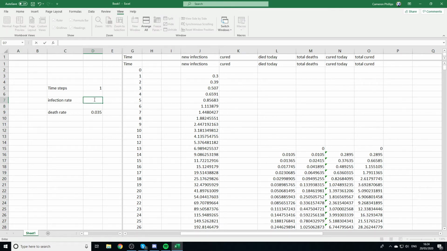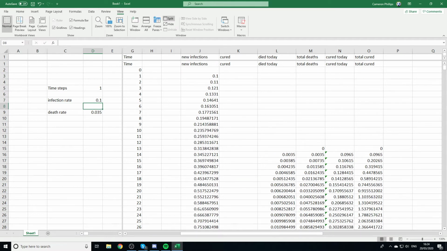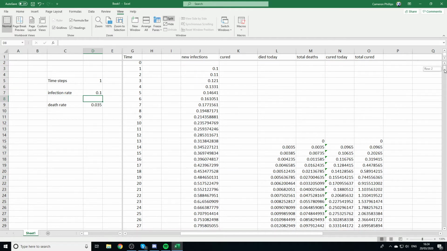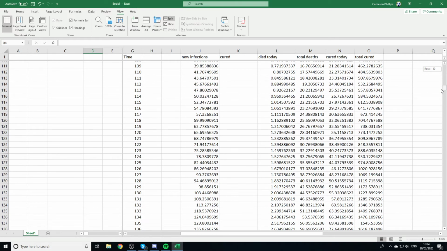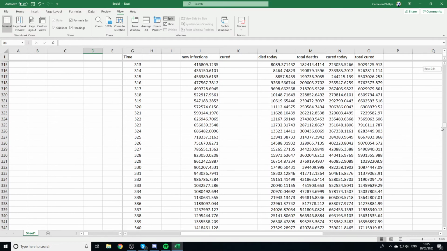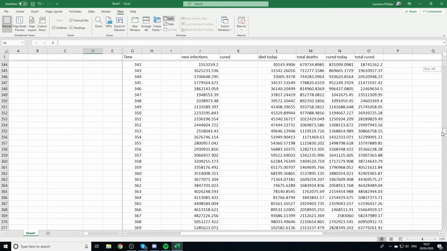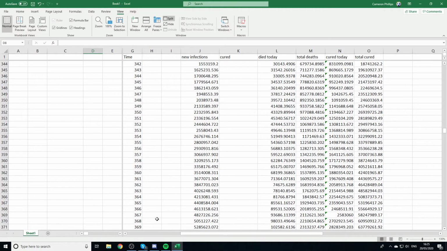Let's put it down to 0.1. So you only infect one person for every 10 people who've got it. Well, day 133, you've only got 118 new infections today. You've only got 51 people die, but you still get to the stage where by day 367, you've got lots of people dying.